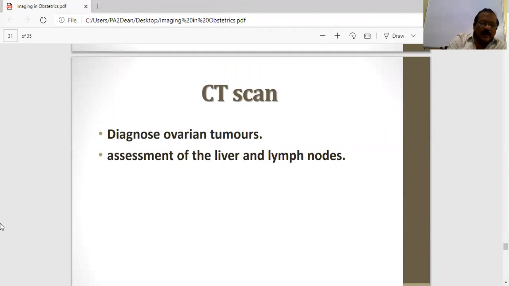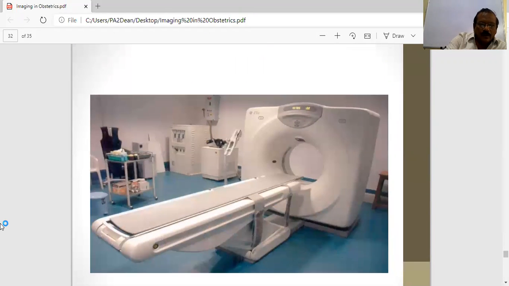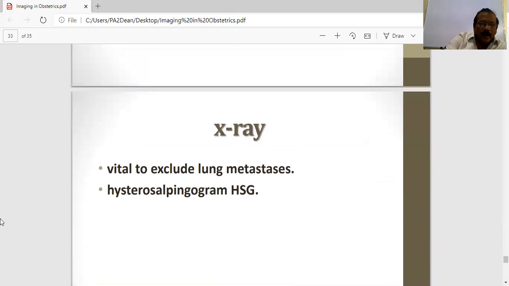With the CT scan, we can diagnose ovarian tumors and do assessment of liver and lymph nodes. This is the equipment used for CT scan. By X-ray, it is vital to exclude lung metastasis; and hysterosalpingogram, that is HSG.